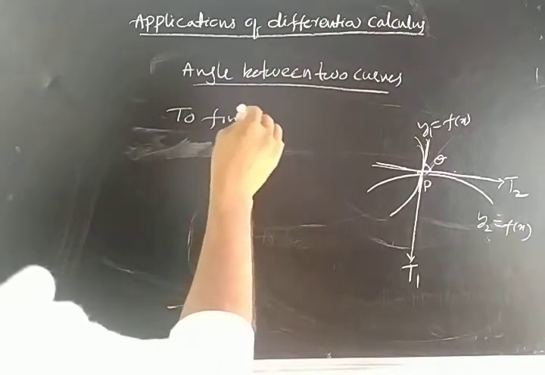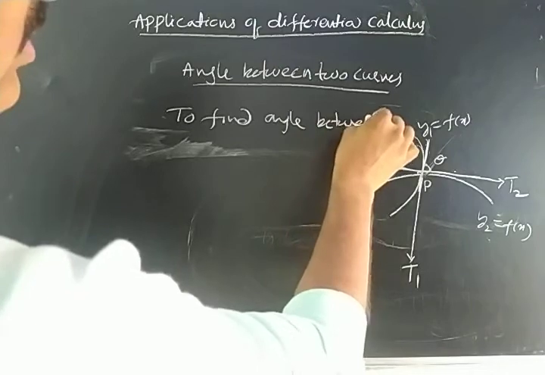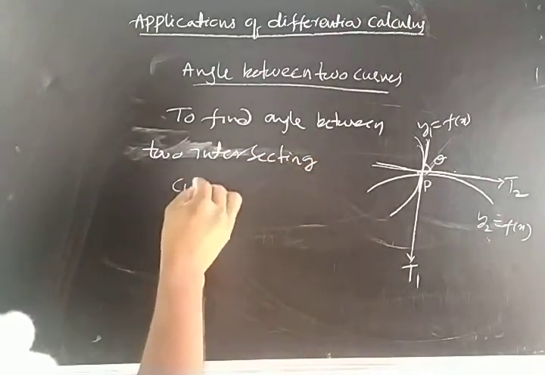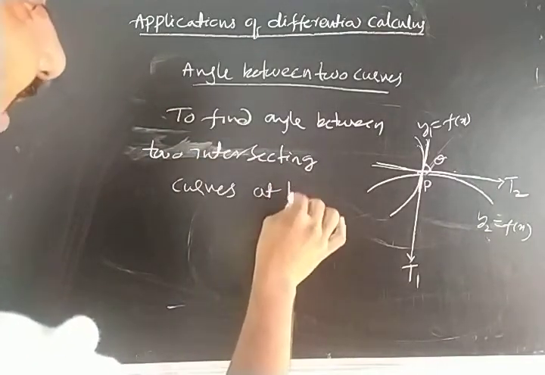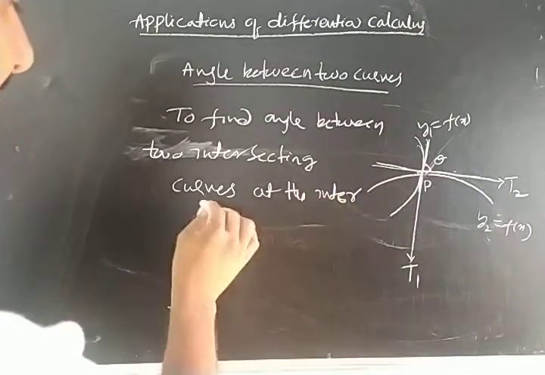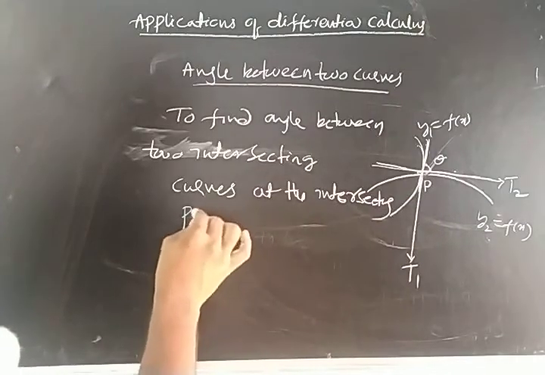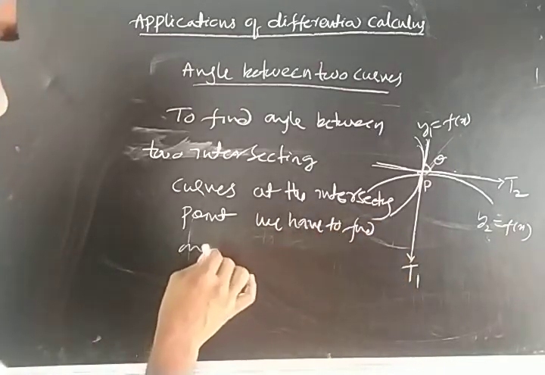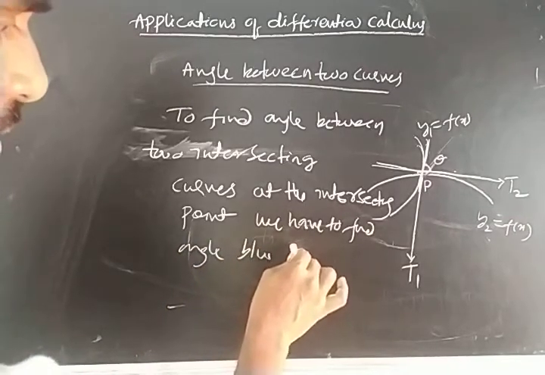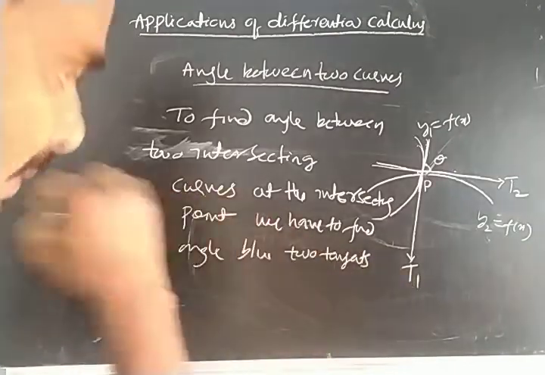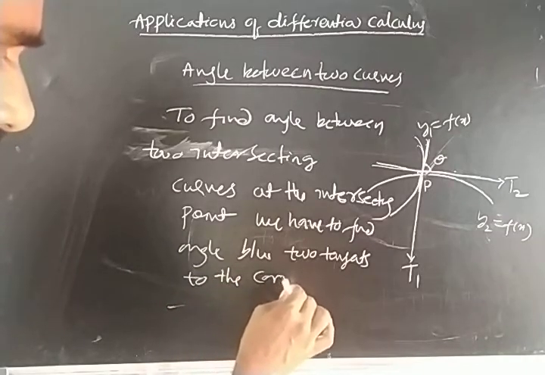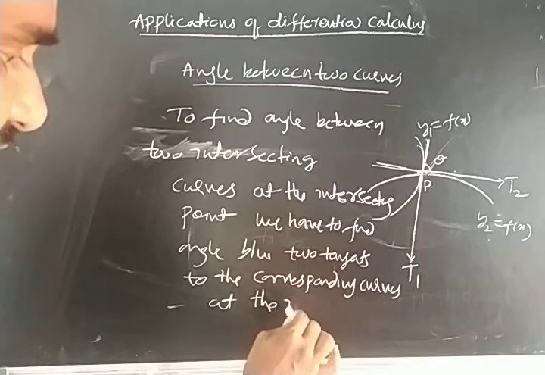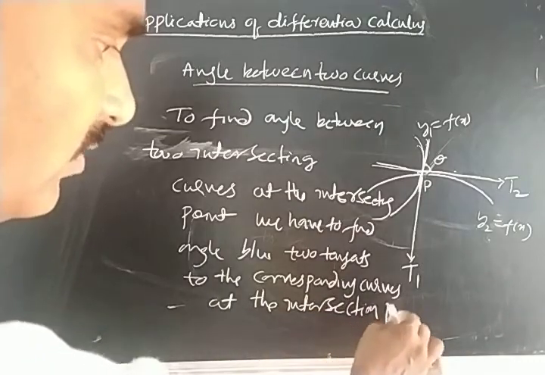To find the angle between two intersecting curves at the intersecting point, we have to find the angle between two tangents to the corresponding curves at the intersection point.